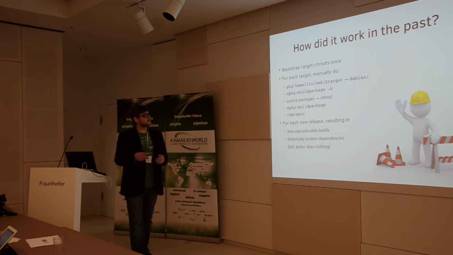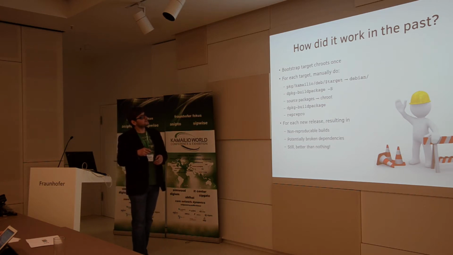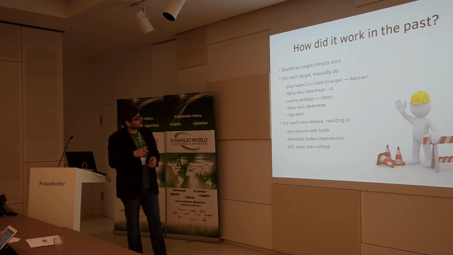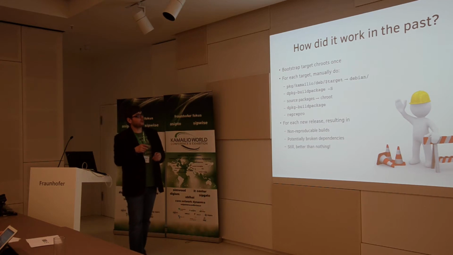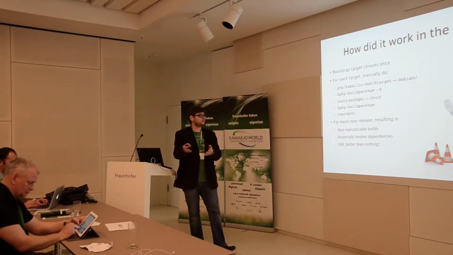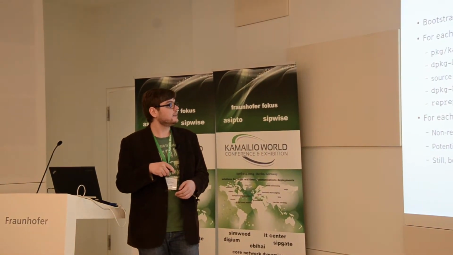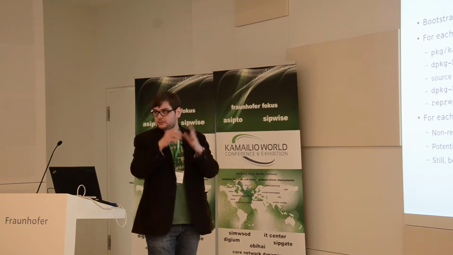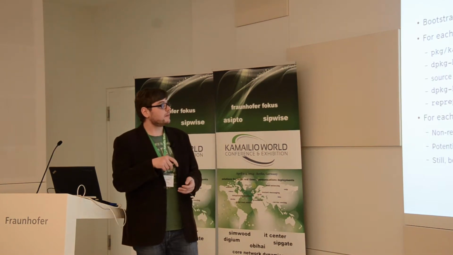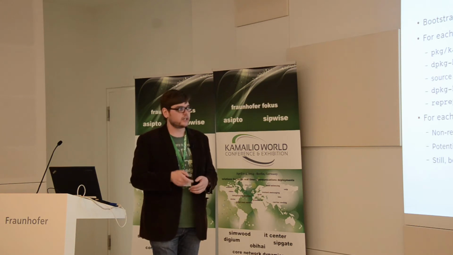In the Kamailio source itself, we have this pkg/kamailio/deb directory with the build targets there, and you had to manually move them, and then manually trigger a source build out of that. You had to copy that into some chroot, and then build the packages with that, and finally somehow bring it into the repository.